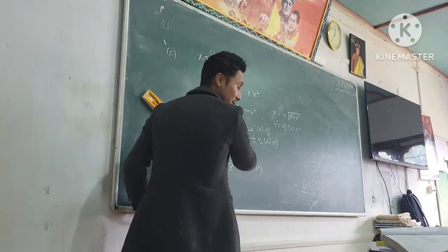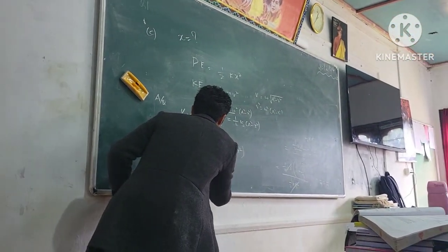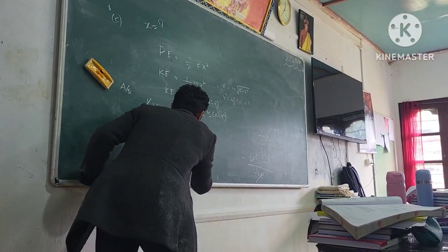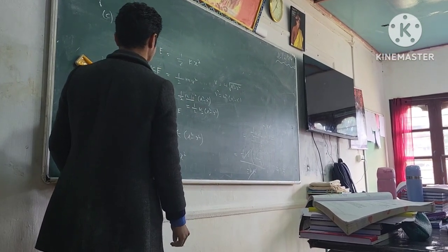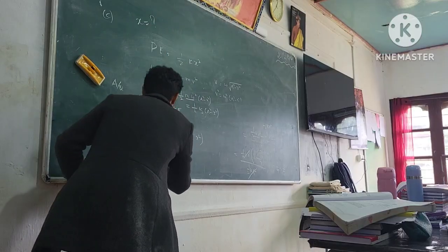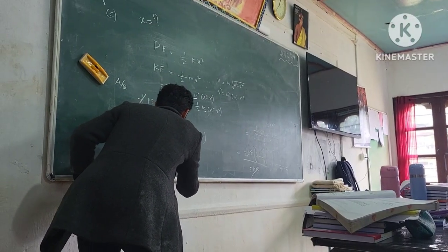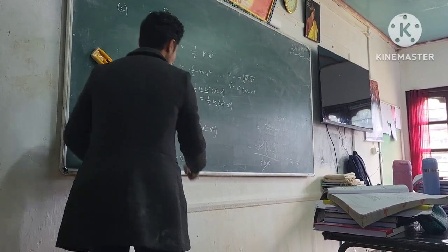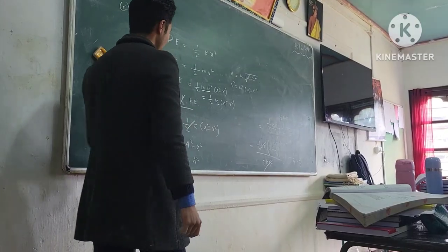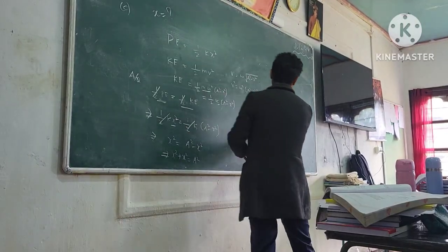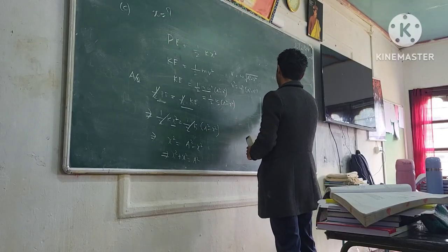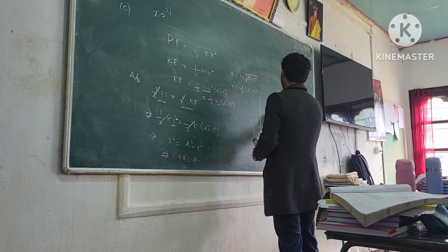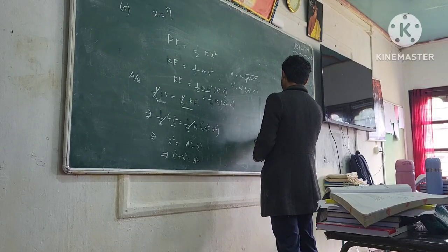You know how to solve this equation? So it is x square equals to a square minus x square. This x will come to this side and become positive x square. So 2x square equals to a square. So what is x square then? a square by 2. What is x then?